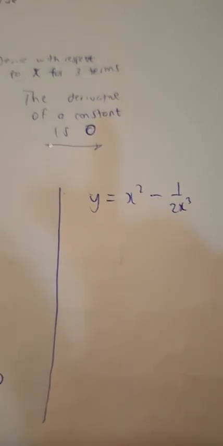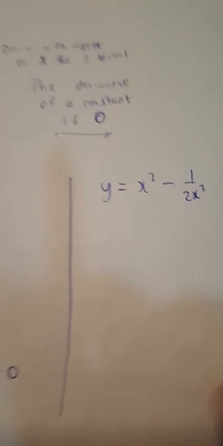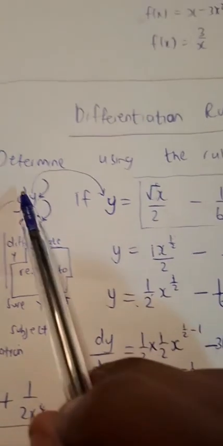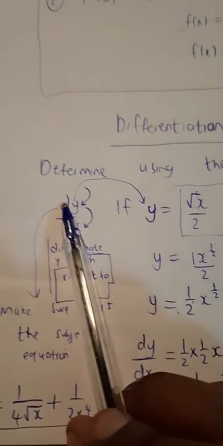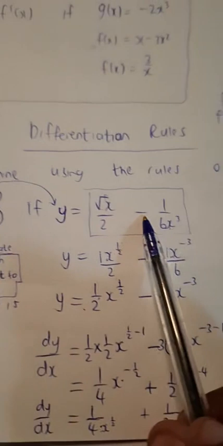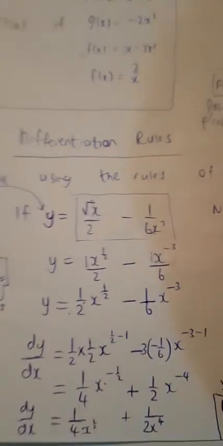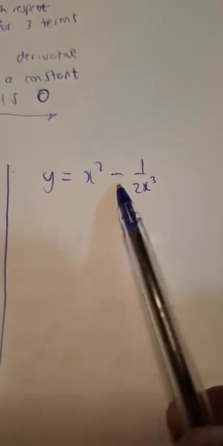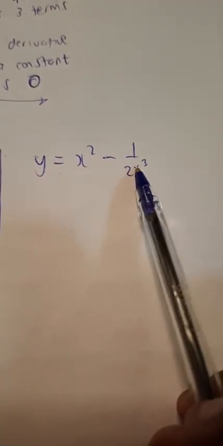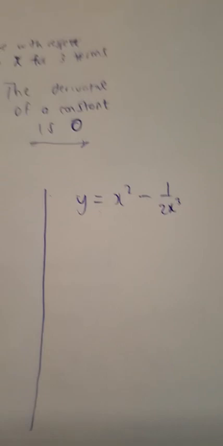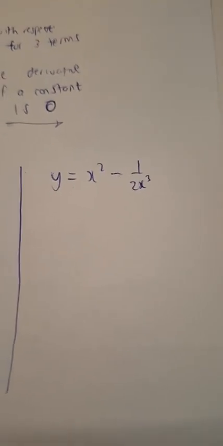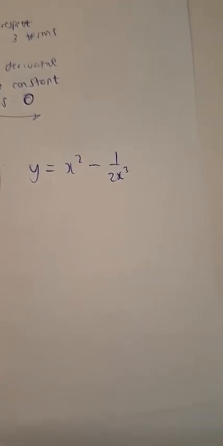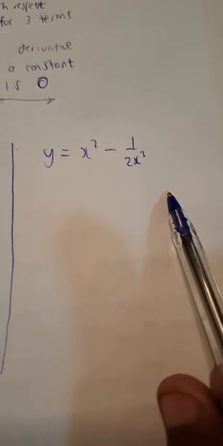They don't set it up for you like they did, for instance, for this question, where they say determine, use the rules of differentiation, dy over dx if y is equal to. With this one, there's no such. They're just saying differentiate y is equal to x squared minus 1 over 2x cubed. So maybe you're sitting there asking yourself, how do I approach this particular question?